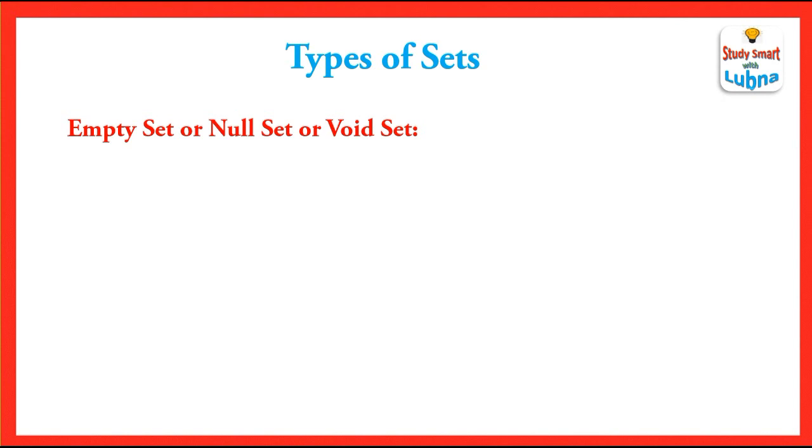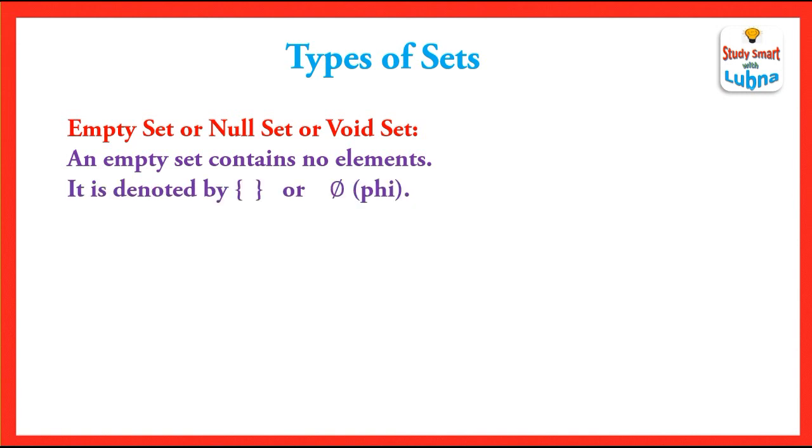Empty set, null set or void set. These three names are the same. So what is an empty set or null set or void set? An empty set contains no elements. Means in an empty set we don't have any element. It is denoted by empty curly braces or the phi sign.